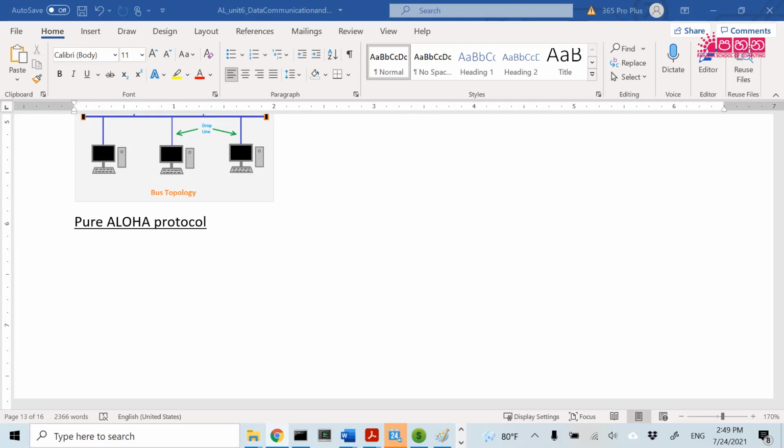Let me show you another image for this one. How data is actually transmitted from one place to another. Multiple ways.